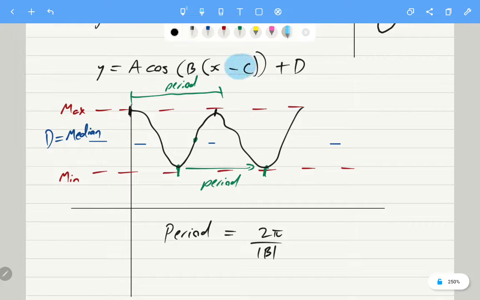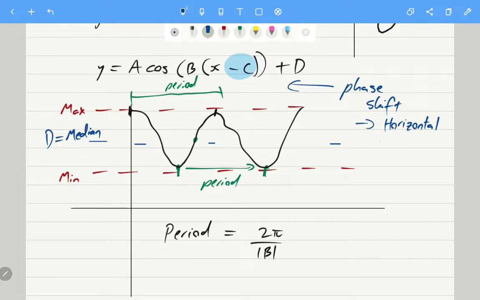The last one is the most interesting of our different values here. Minus C is a phase shift. So the proper name for it is a phase shift, but how we would describe it is as a horizontal translation, meaning it is how we shift the function to the left or to the right.